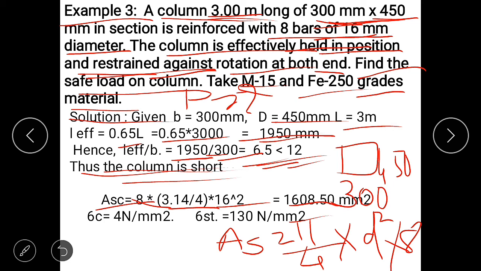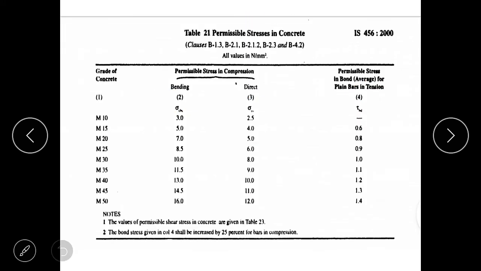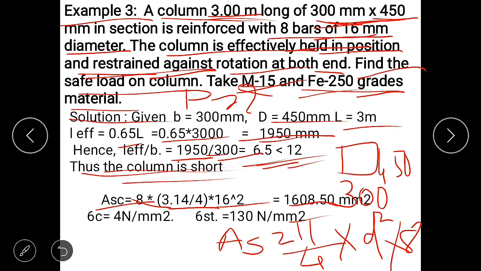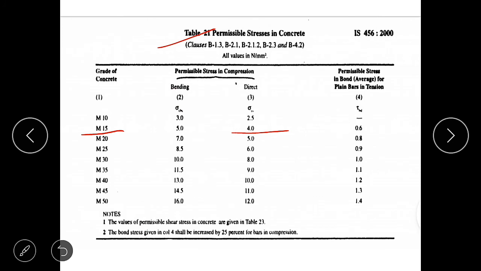Now for M15, what is the direct stress in concrete? And we have to find the stress in steel. So here table number 21, permissible stresses in concrete for M15. For M15 the permissible stress given is 4; we take it from table number 21.